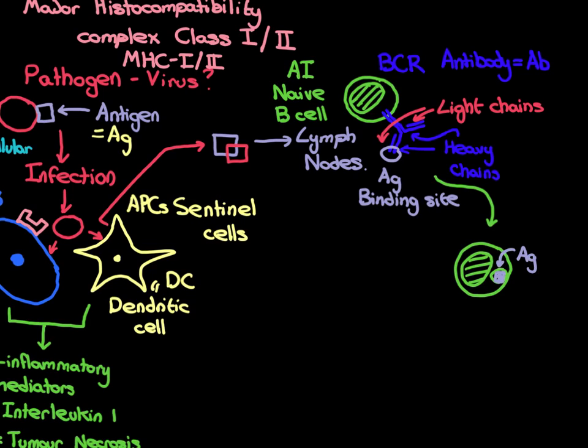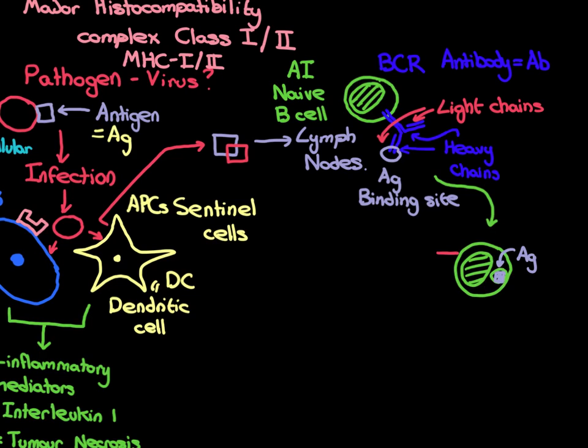Okay, and what it will now do is break down that antigen into loads of little peptide fragments, and it will put those peptide fragments on its surface bound to MHC class 2. Remember, it needs to interact with CD4 positive T cells, effector CD4 positive T cells. Effector CD4 positive T cells work with MHC class 2, not MHC class 1. So B cells only ever use MHC class 2.